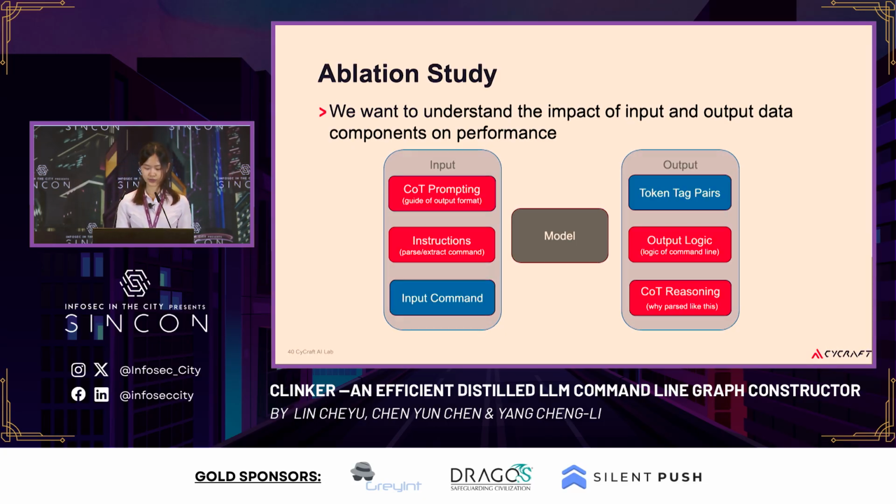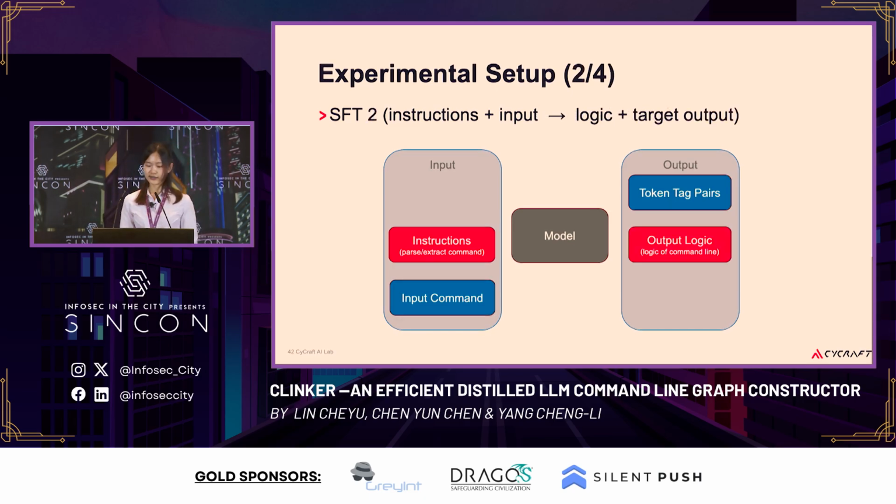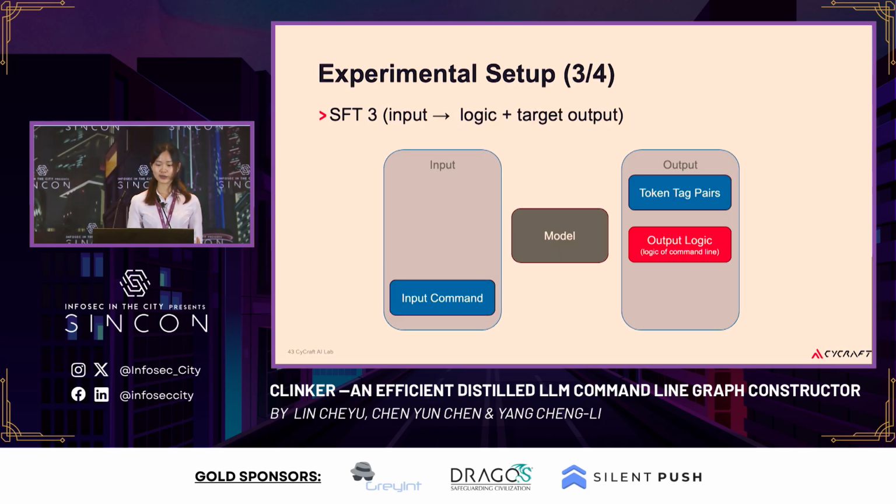OK, so the first setup, SFT1, keeps only the system prompt on the input side. And the second setup additionally requires the model to generate the output logic of the command. And the third setup removes the system prompt while still requiring the generation of the output logic. So there are SFT1 to SFT3.